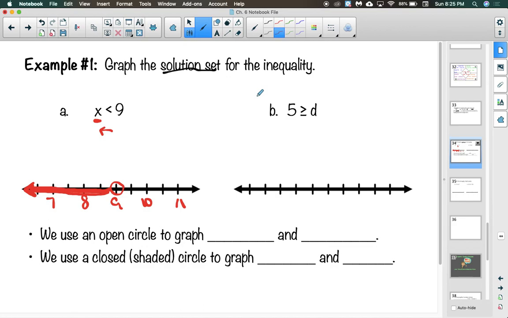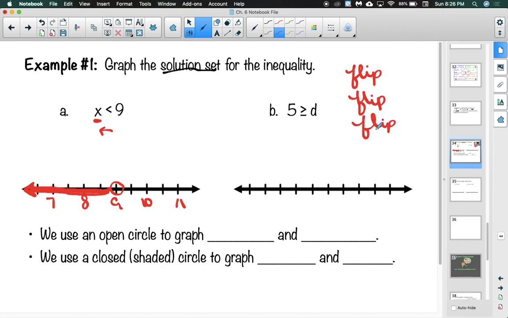So now let's take a look at letter B. Letter B, our variable does not come first. Oh, poo. So here's what we need to do. We want to get our variable on the left-hand side. And we do a very, very complex procedure called the flip, flip, flip. I want you to write this on your paper. It's called the flip, flip, flip. Very high tech here.